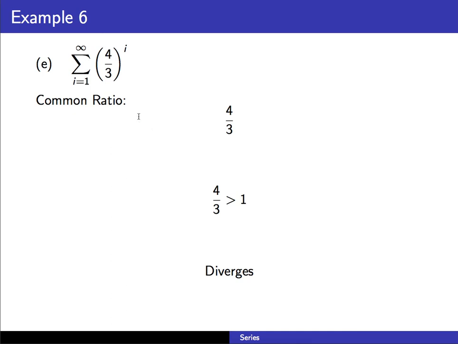Now, if you think about it, how can you add up a bunch of positive numbers here and end up with a -4 as your answer? And the answer is that you can't do that, which means there's a mistake in that calculation, and the mistake is that 4/3 is not between -1 and 1. So always make sure you check that common ratio value first before you just go and plug them into a formula.